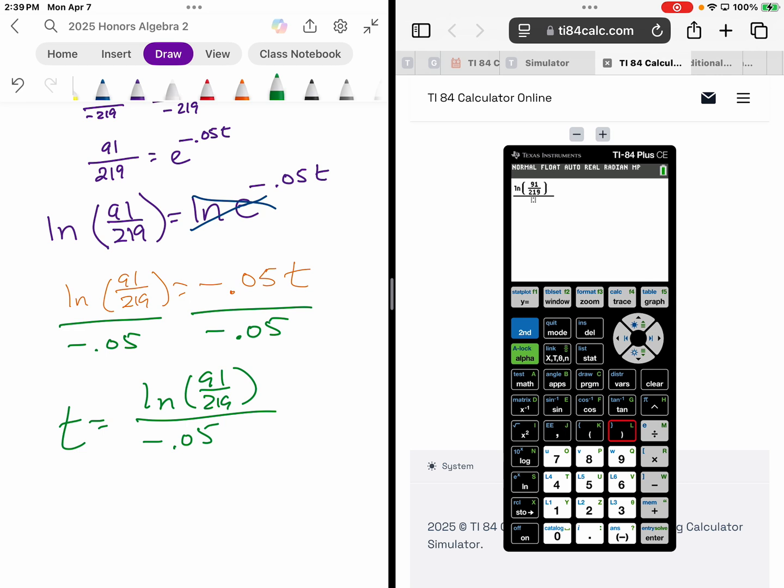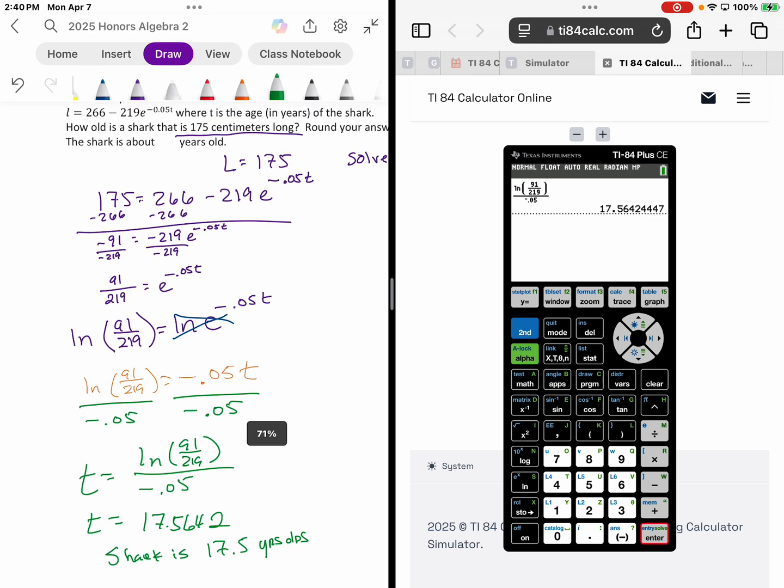So I have the ln of 91 over 219, go to the bottom of the fraction, negative 0.05. And then I'm going to hit enter. And this tells me that t is equal to 17.5642. So the shark is 17.5 years old.